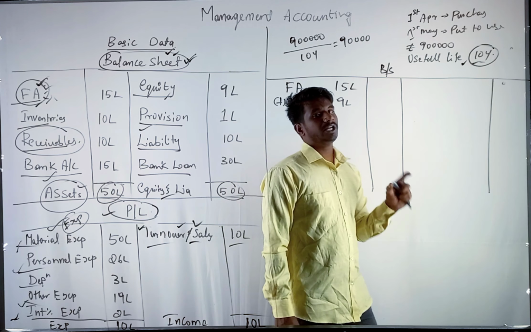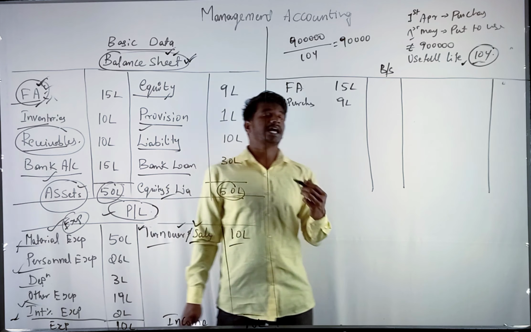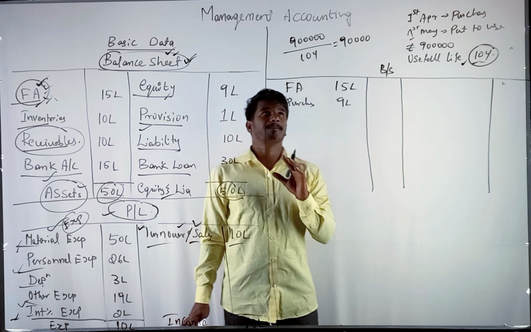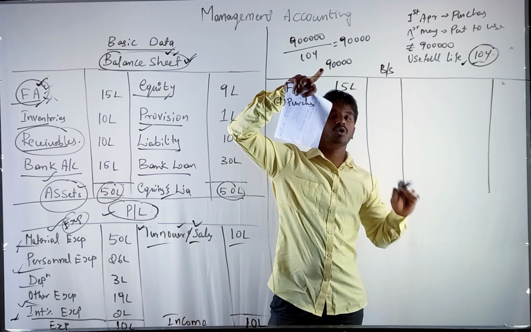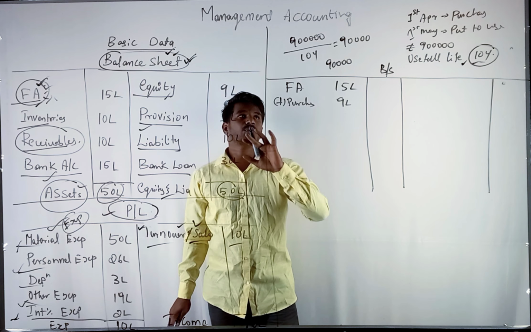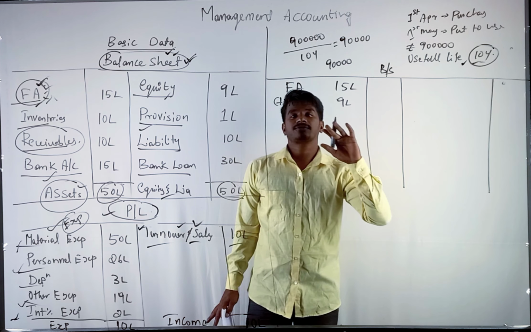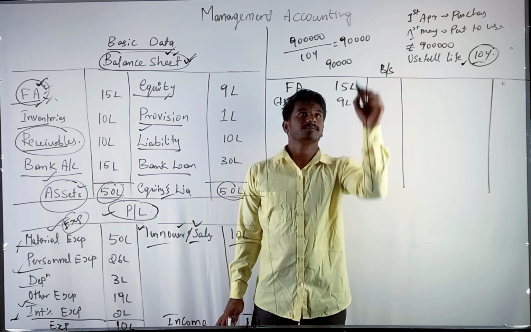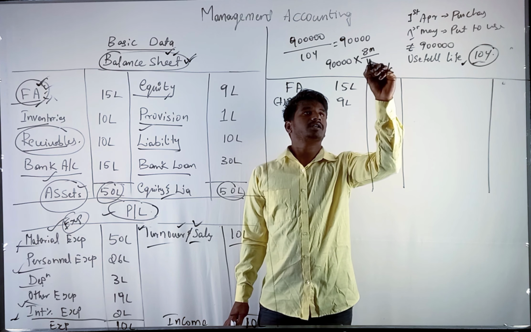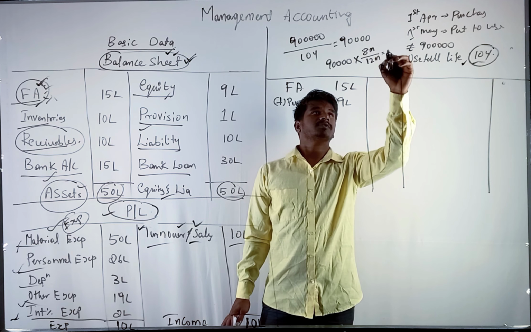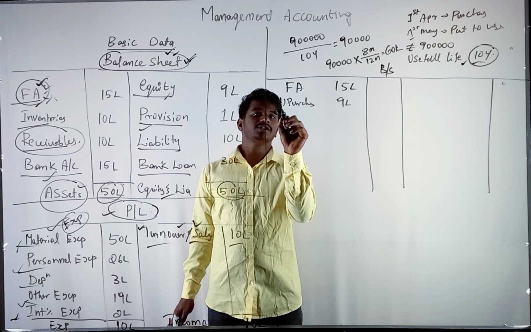So we should calculate the depreciation for just 8 months, not 9 months. For a whole year, 12 months, we should charge 90,000 depreciation. But we are using it for 8 months only in the current year. So 90,000 into 8 months out of 12 months becomes 60,000. We should deduct 60,000 of depreciation.